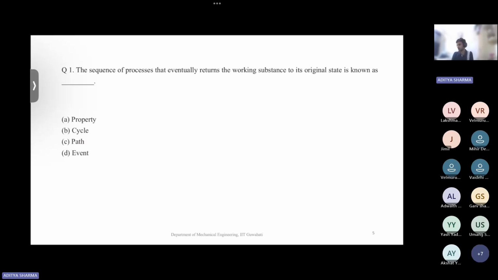So first we have this question. Try to answer this question.